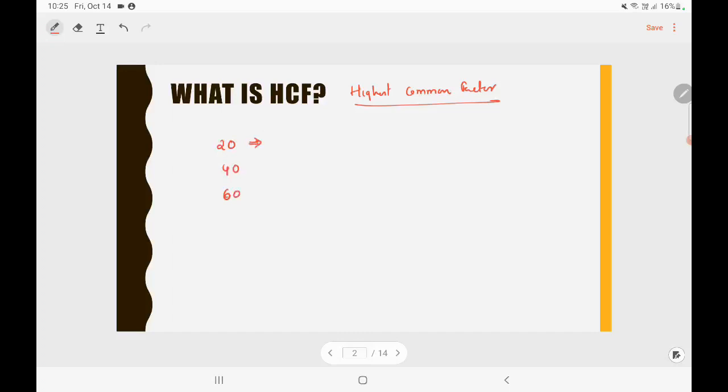So the factors of 20 are 1, 2, 4, 5, 10 and 20, because 1 into 20 is 20, 2 into 10 is 20 and 4 into 5 is 20. So these are all the factors of 20.